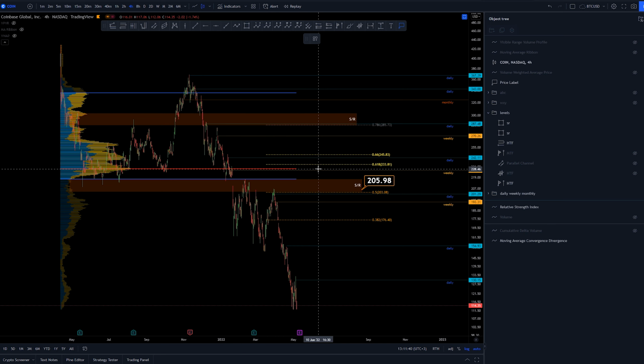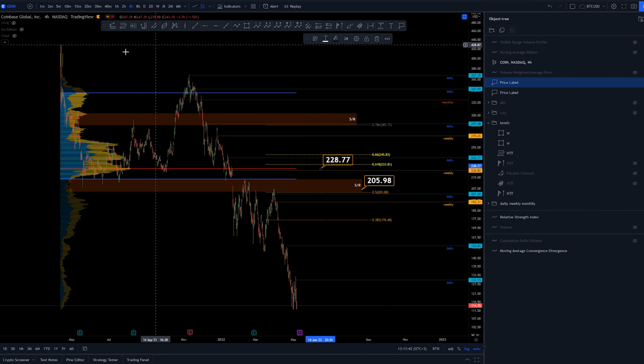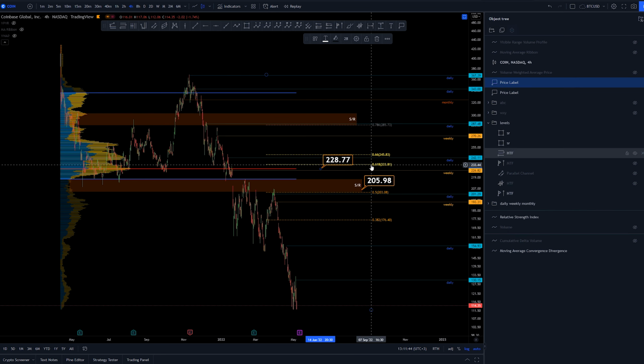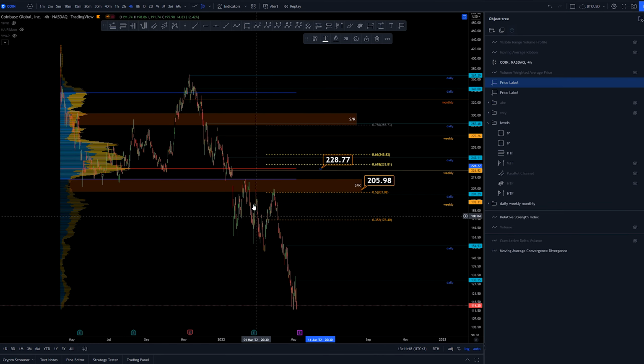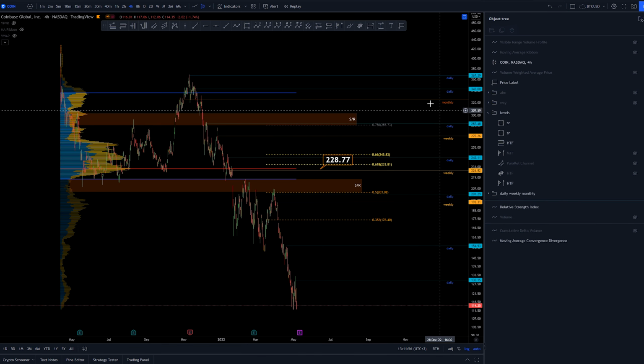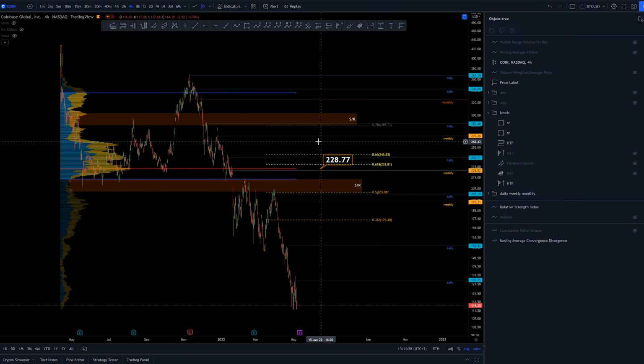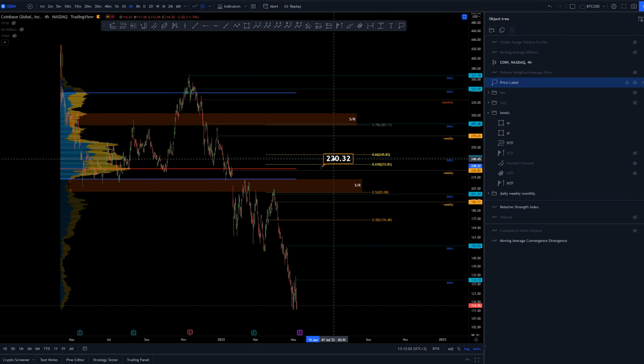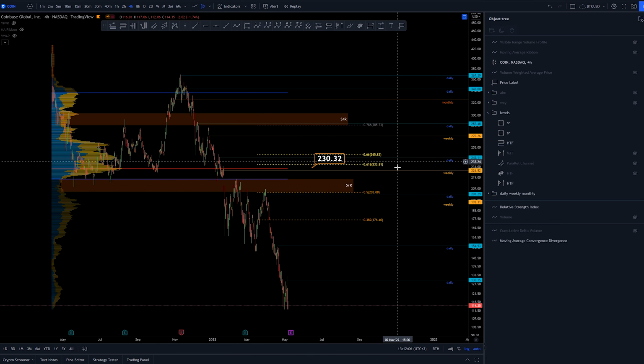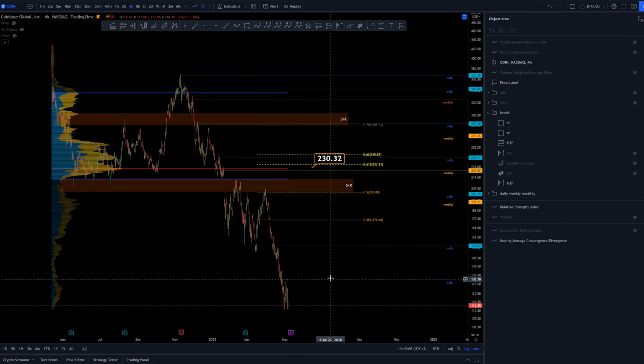Now just a bit higher we've got a weekly point of control and a 0.618, the golden pocket for this whole move down, which is going to offer some massive resistance here. Definitely, if you had to pick one area of interest, I would be picking this one here, around $230, if the price ever gets there.